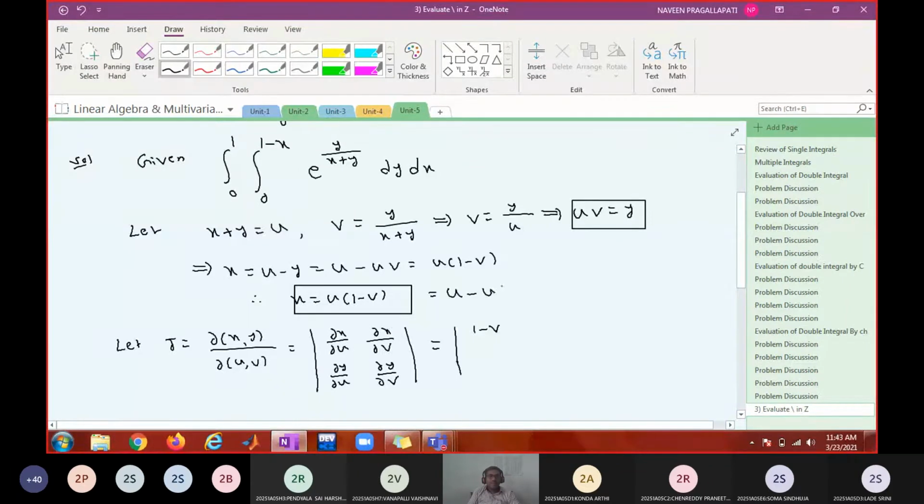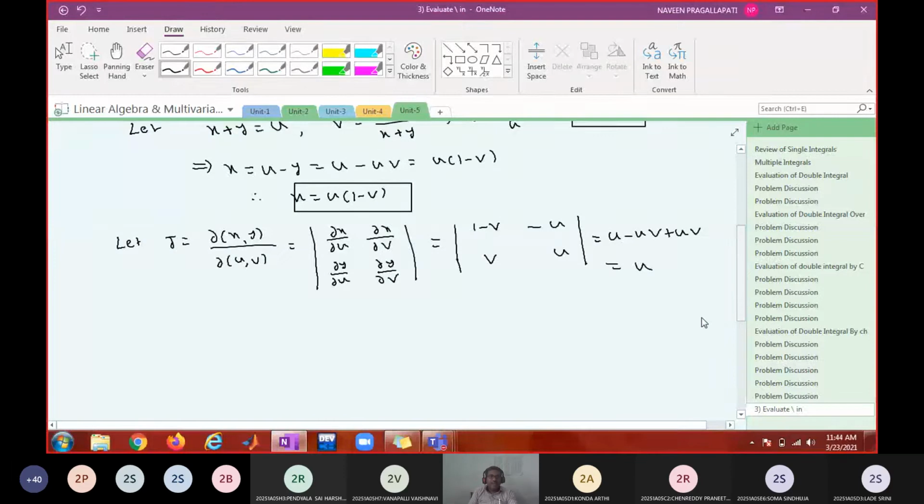This is u minus uv. Dou x by dou v is minus u. What is dou y by dou u? v. What is dou y by dou v? u. This is u minus uv plus uv equal to u. Is that okay? Now, what is the integral now?